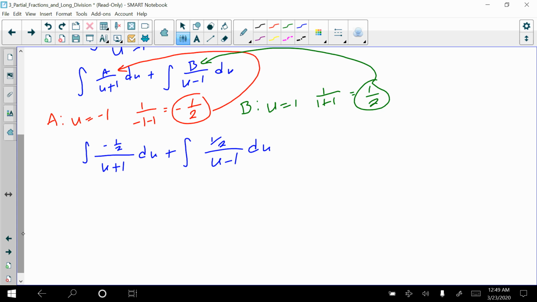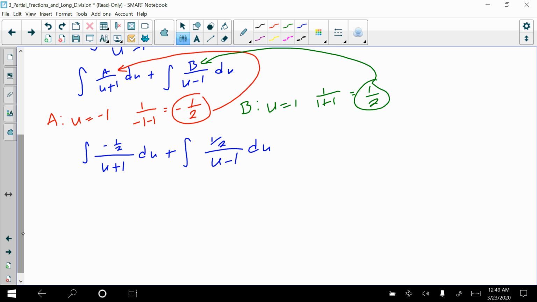If you want to, you can pull out the fractions as constants, but it's really not going to change the value when we take the antiderivative here. So let's go ahead and take the antiderivative on both of the integrals that I have here.